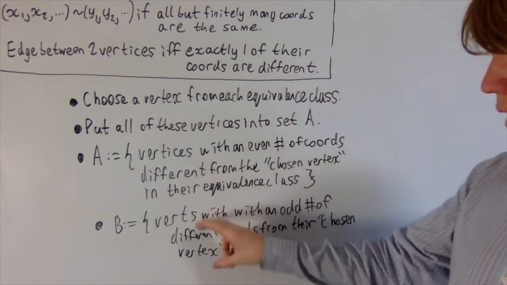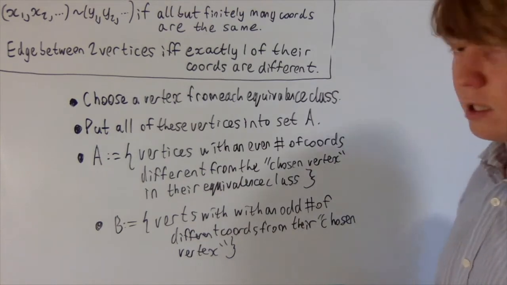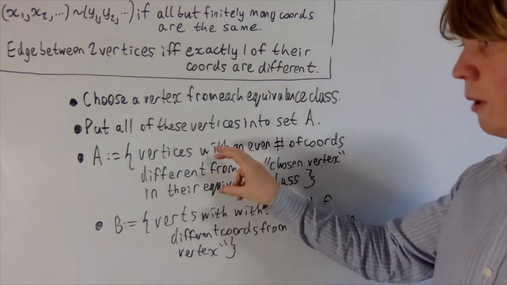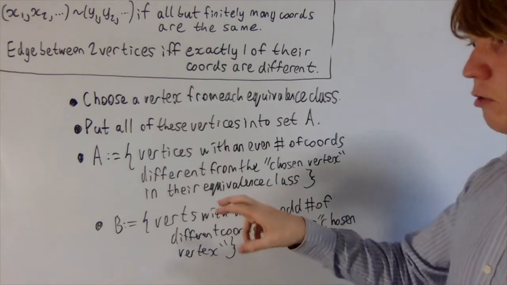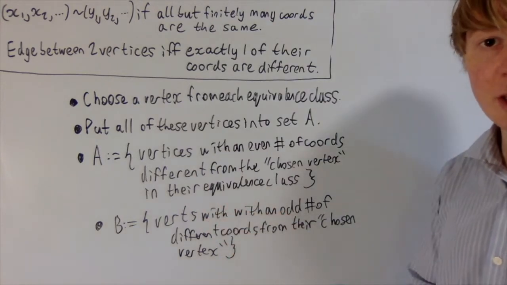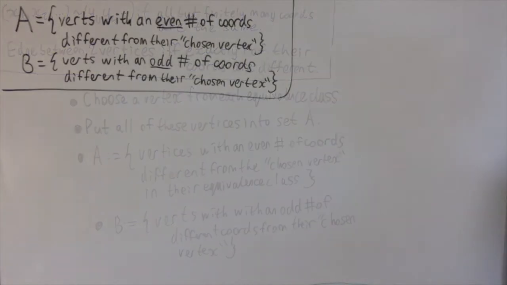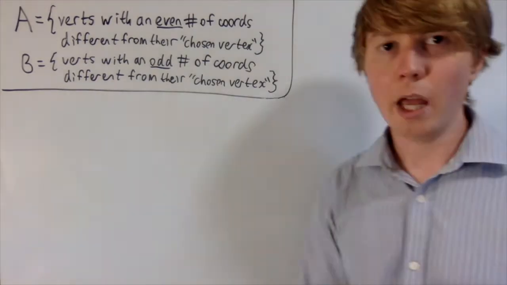So we've defined a nice partition here, and now the next thing we're going to do is actually prove that there are no edges between vertices in A and there are no edges between vertices in B. So let's consider A first.